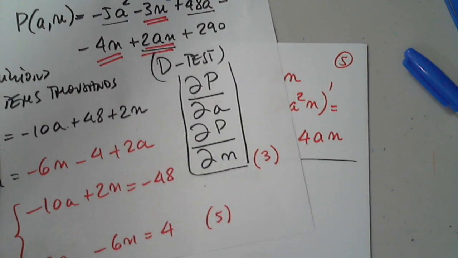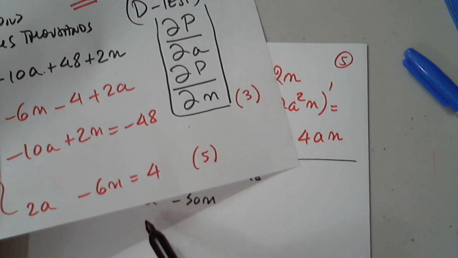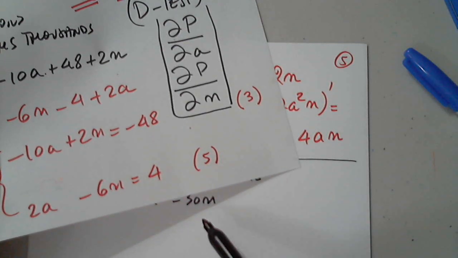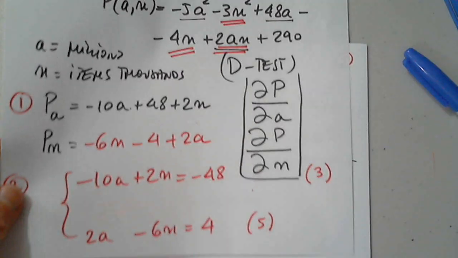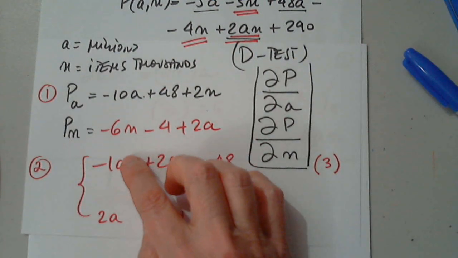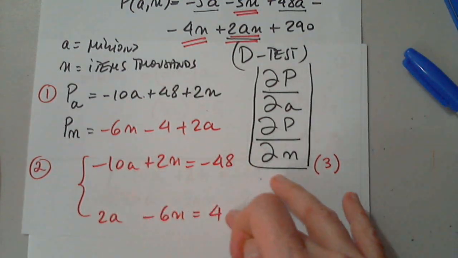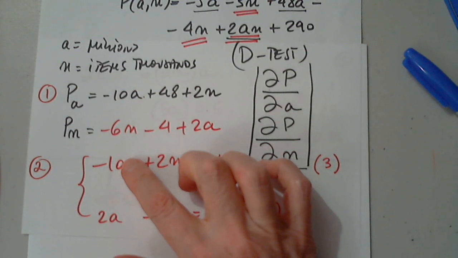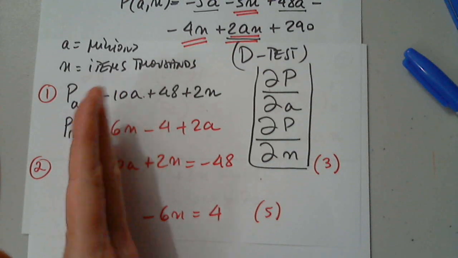Now when I multiply both sides by 5, I get 10a minus 30n. 2a times 5 is 10a. Negative 6 times 5 is negative 30n equals 20. Sorry, Professor Lee, where did that 5 come from? If we want to eliminate a, we need to multiply the entire equation by 5. So then I have negative 10a and positive 10a to eliminate a.